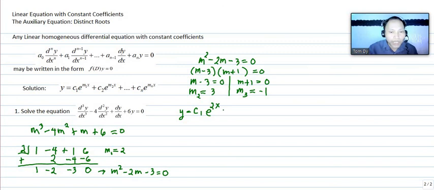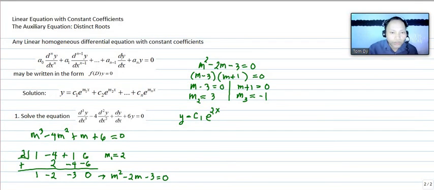Next, we have plus c sub 2 for another root, c sub 2 e raised to, this time, m sub 2, which is 3x, and then plus c sub 3 e raised to negative 1 times x, so that is negative x. This will be our solution for this differential equation.